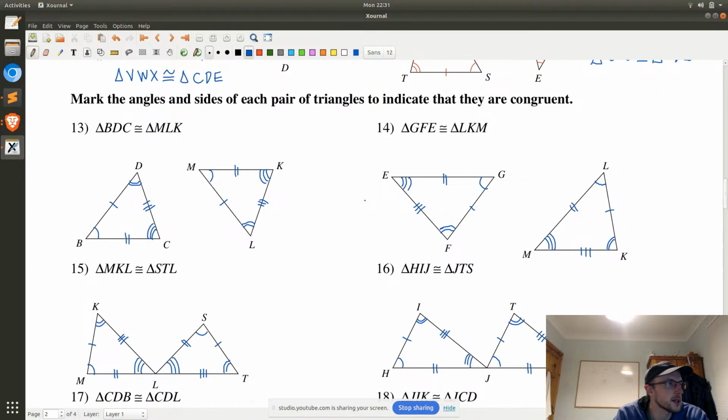Now let's see how they've marked them. Okay, so they followed my order there. That's all good. That's even better. That's right.